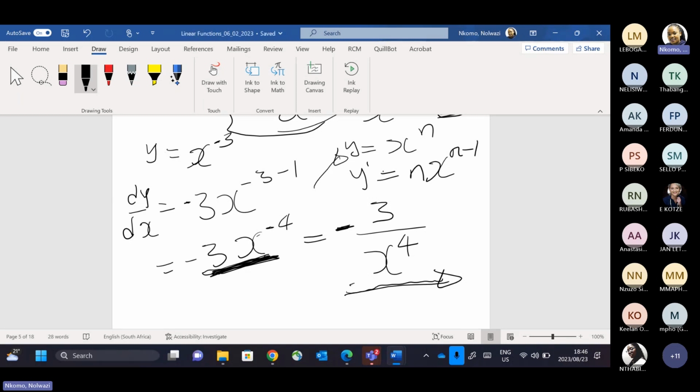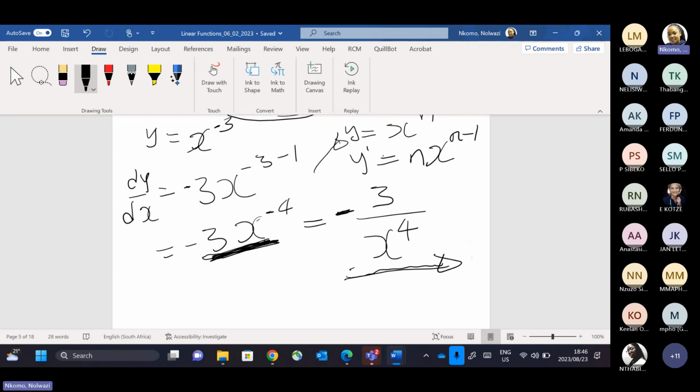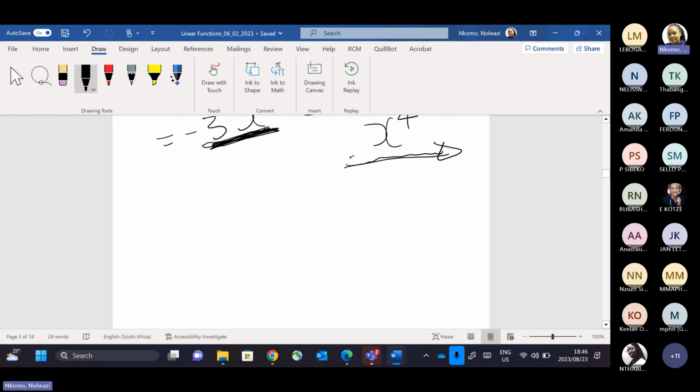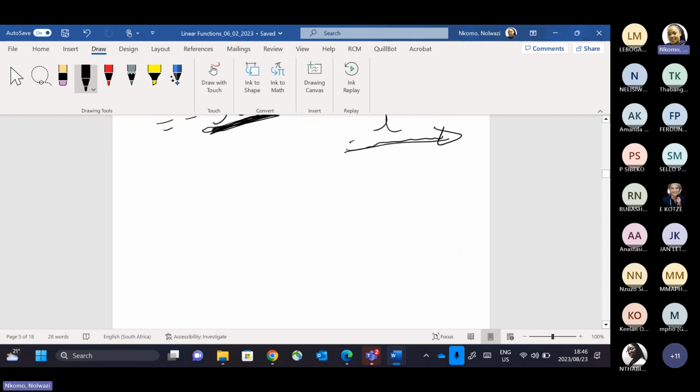Even if you were given your terms with negative exponents, try to leave them with positive exponents.